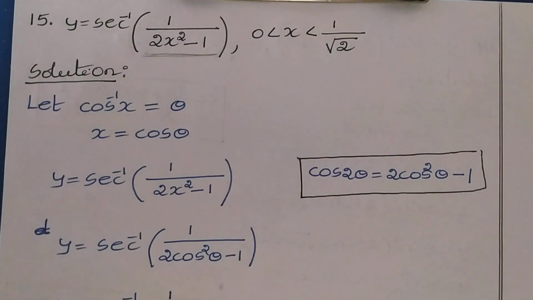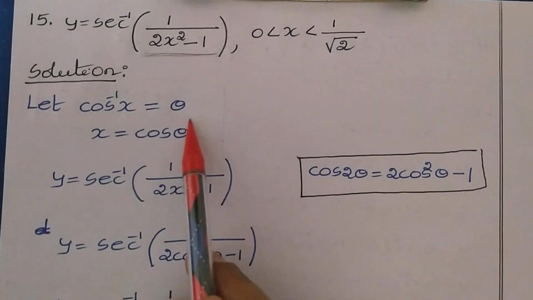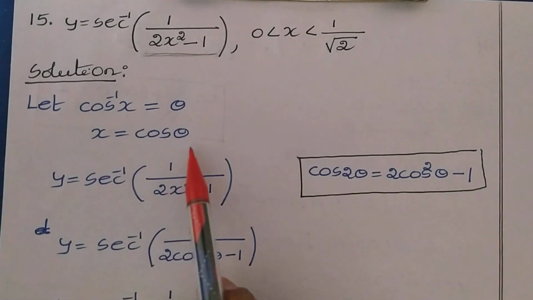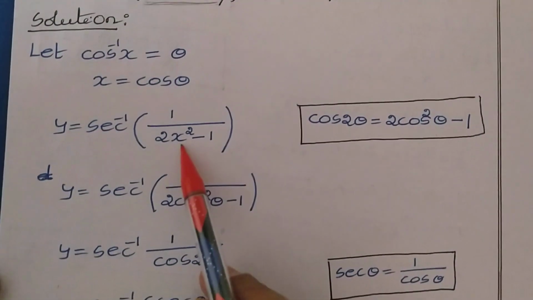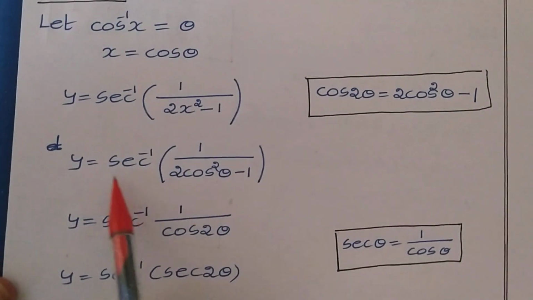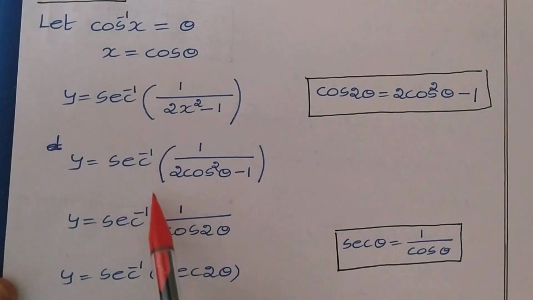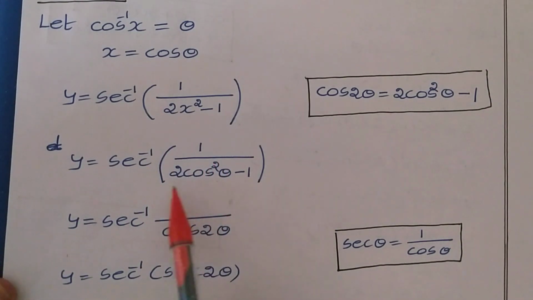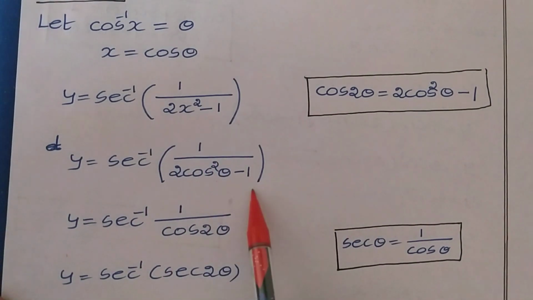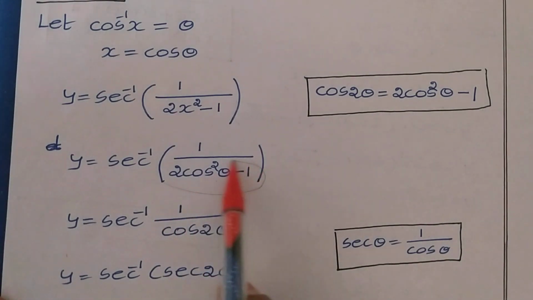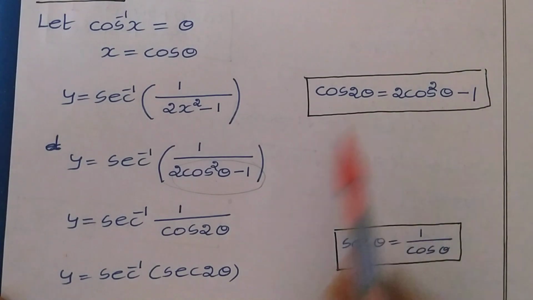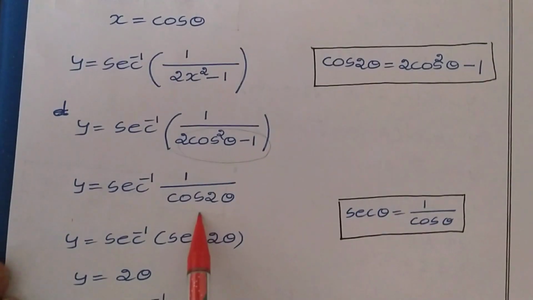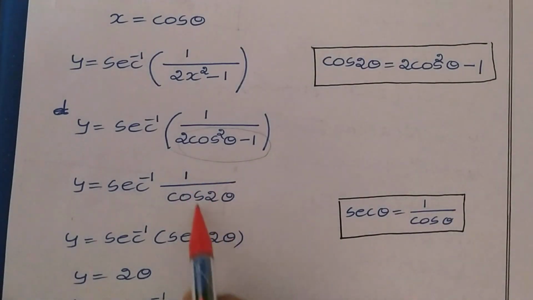So now let us take cos inverse x is equal to theta, x is equal to cos theta. Take the given problem, replace x as cos theta, so we get y is equal to sec inverse of 1 divided by 2 cos square theta minus 1. Now this 2 cos square theta minus 1 is equivalent to cos 2 theta, so just put that. Then we get 1 by cos 2 theta.